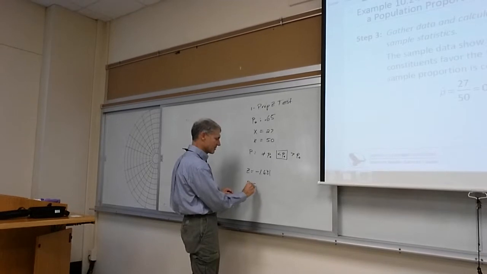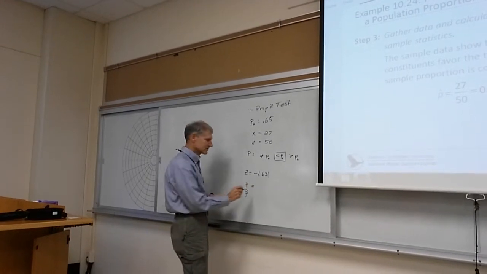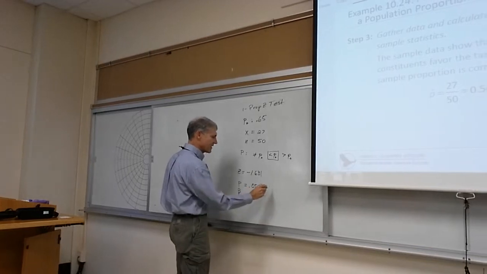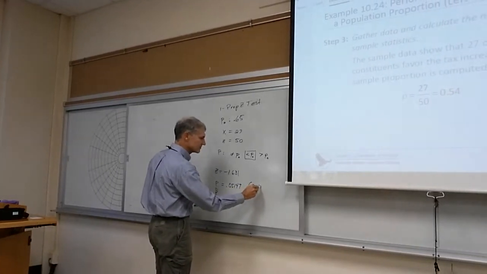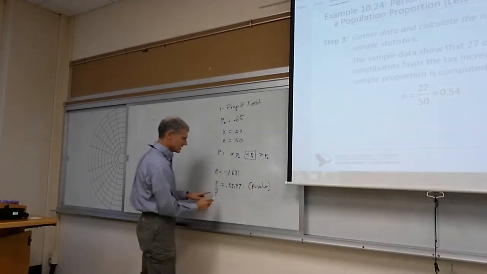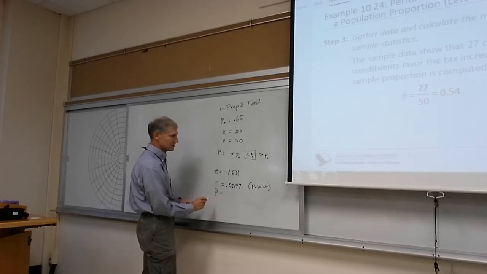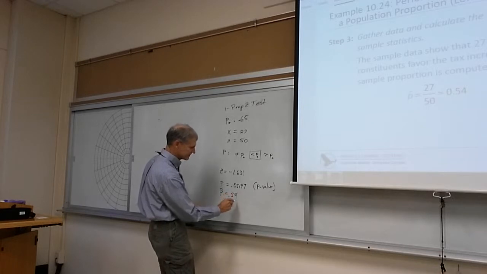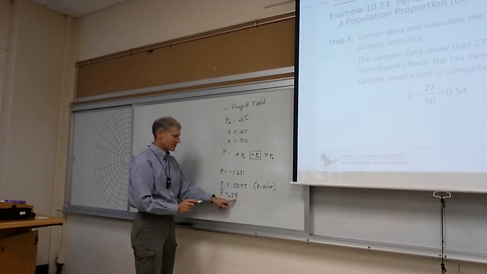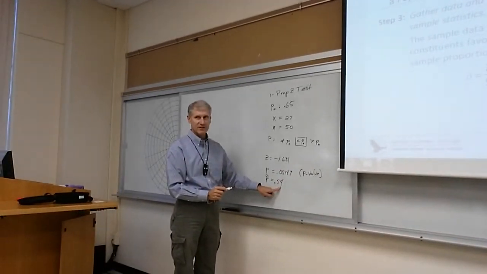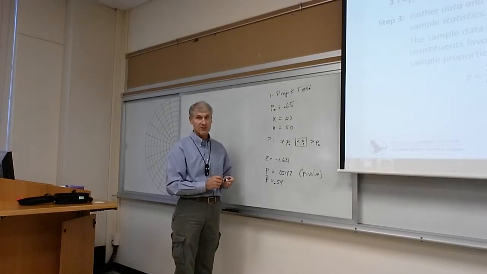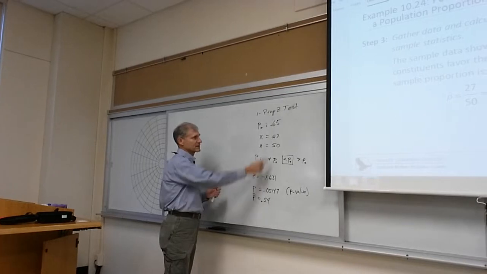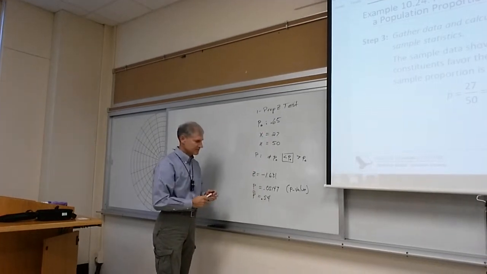So what is p? 0.05147. And that's the p-value. Then the p-hat is point what? 0.54. Yeah. And that you should be able to confirm by hand easy enough, and it's a good check on did I enter the data right? So that would be 27 over 50.